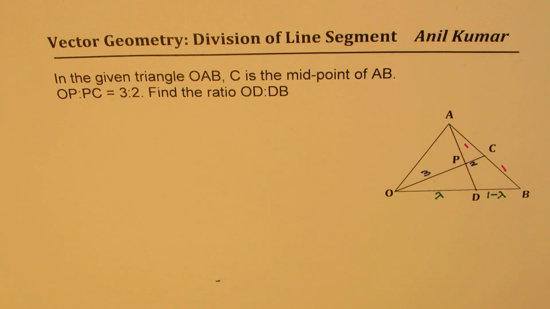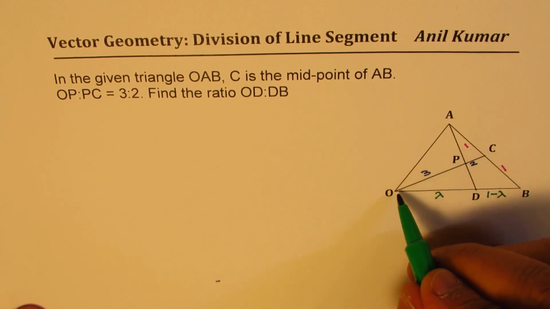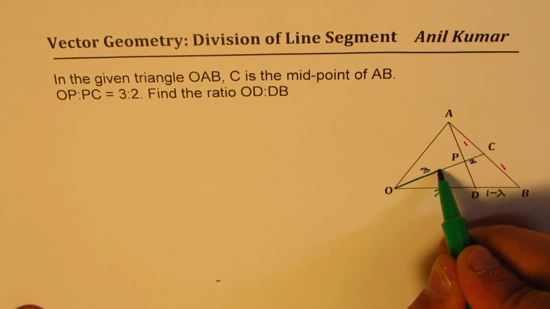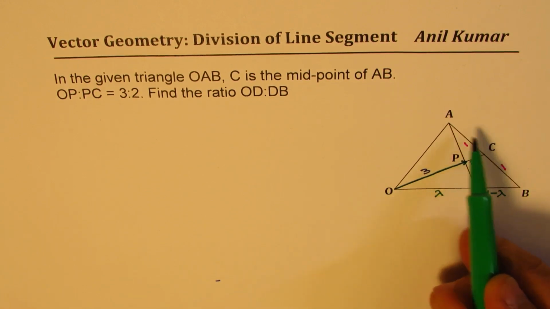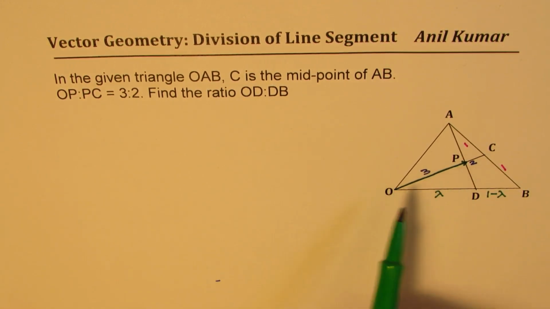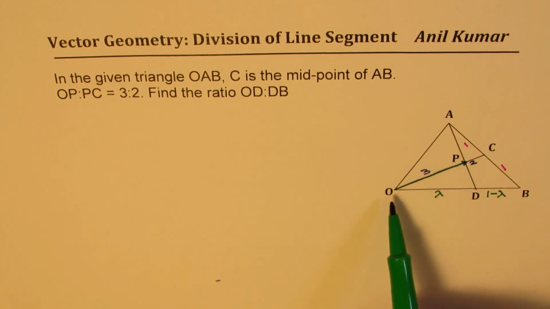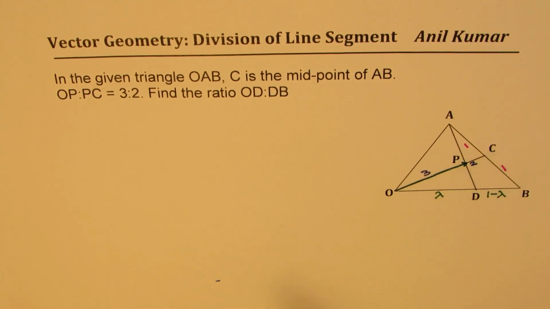Now, the strategy is we have to pick up a point and define it in two ways. So we'll pick up OP, right? So we'll define OP in two different ways. One is OP could be written as a scalar multiple of OC.